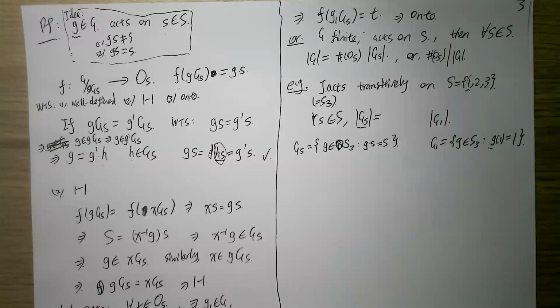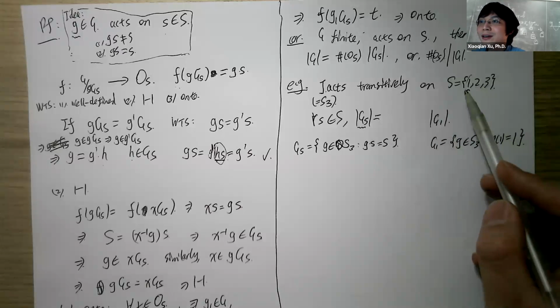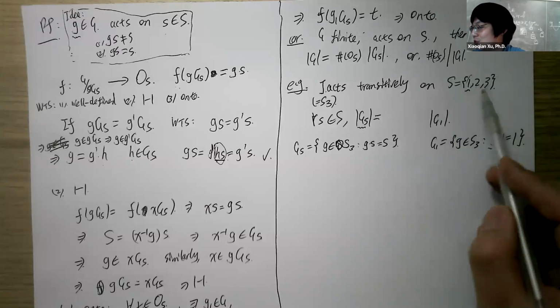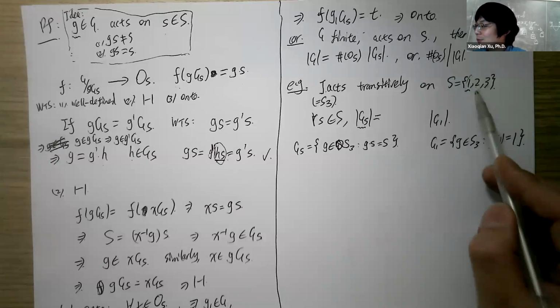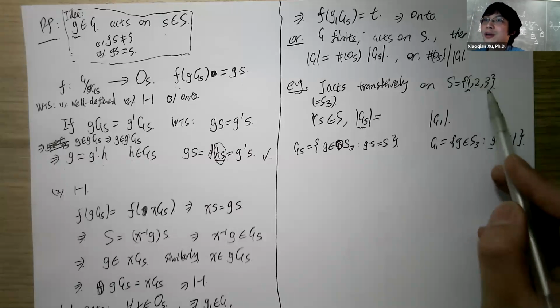The reflection along the diagonal through 1. Or you can just think: since it fixes 1, it either swaps 2 and 3, which is g(2) = 3 and g(3) = 2, or it keeps 2 and 3, which means g(2) = 2 and g(3) = 3.